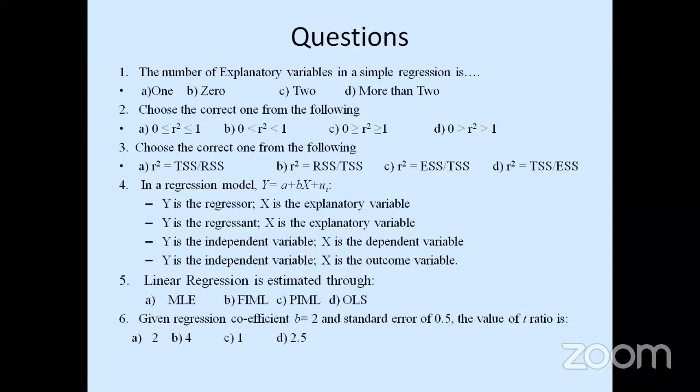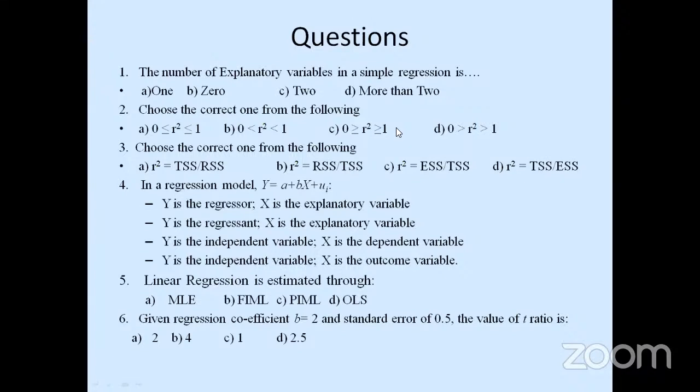Given a coefficient b equal to 2 and a standard error equal to 0.5, the value of the t ratio is? This question can be answered in a simple way.